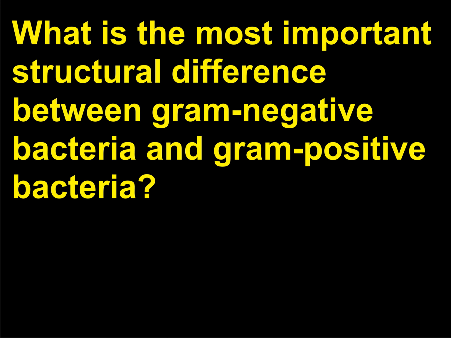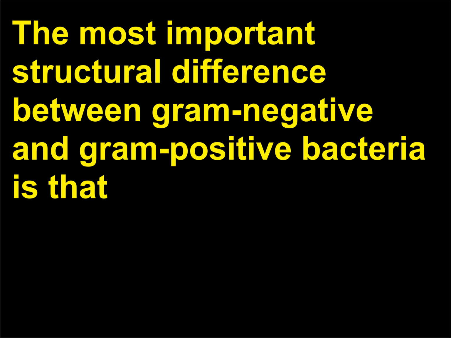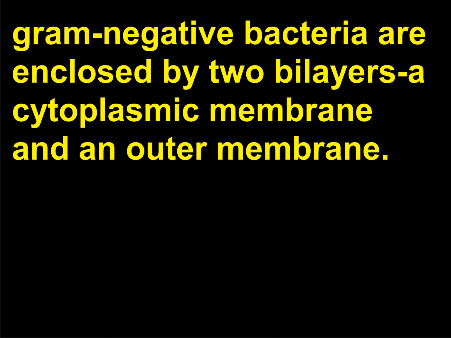What is the most important structural difference between gram-negative bacteria and gram-positive bacteria? The most important structural difference between gram-negative and gram-positive bacteria is that gram-negative bacteria are enclosed by two bilayers, a cytoplasmic membrane and an outer membrane.